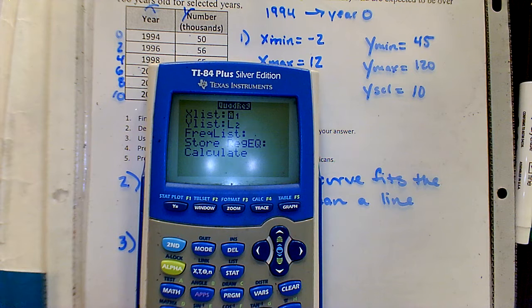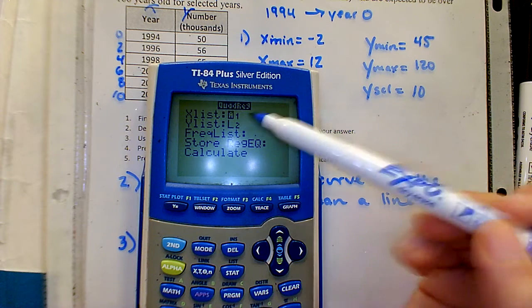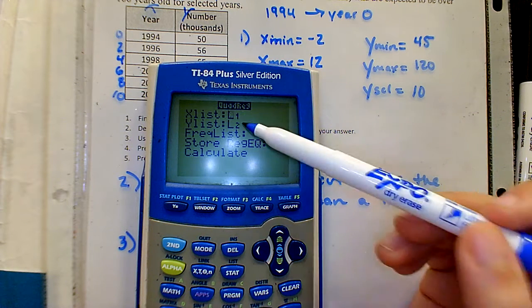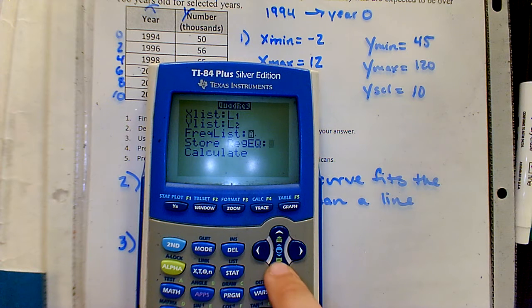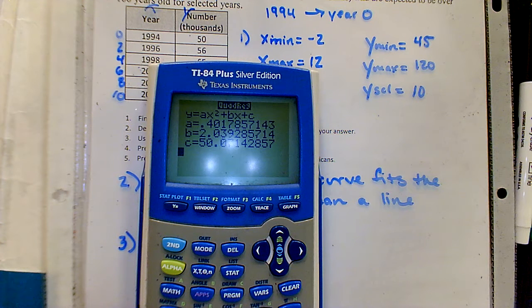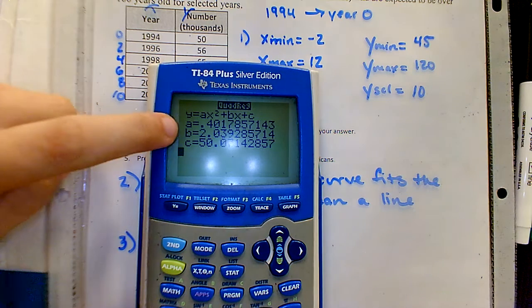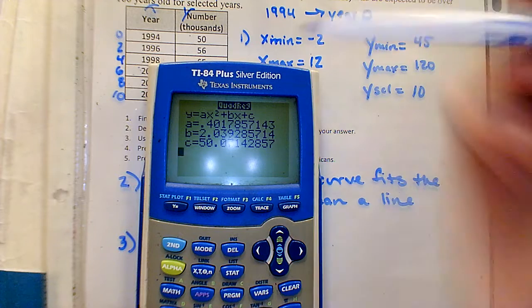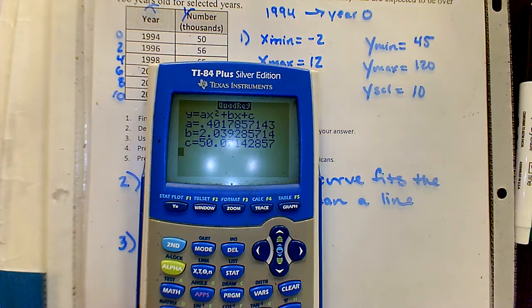Select quadratic regression. It's just going to confirm that your x's are in L1 and your y's are in L2. So we can scroll down to Calculate and hit enter. Your calculator at the very top gives you the equation setup and then the a, b, and c values that we're going to plug in to those coefficient spots. Okay, so to 3 decimal places, we're going to write down the equation.